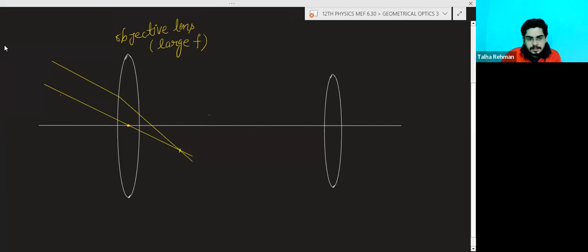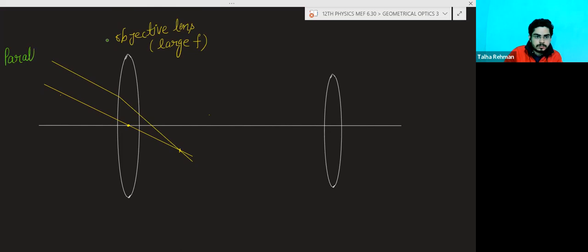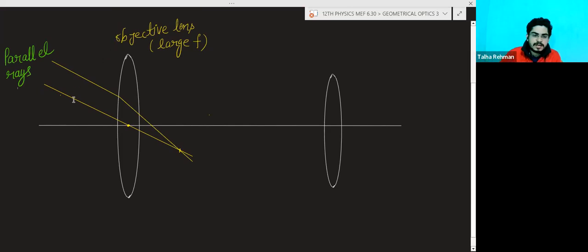Okay, so these are the parallel rays from the object. Parallel rays from the object at infinity, because the object that we want to see is at infinity. Okay, so two rays are there.